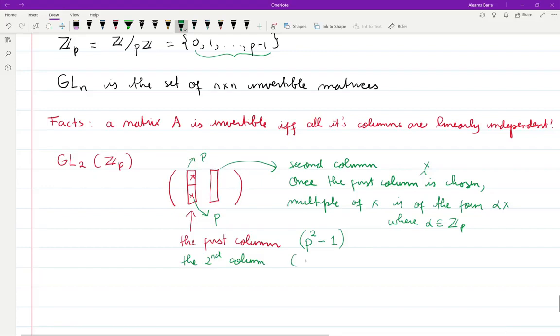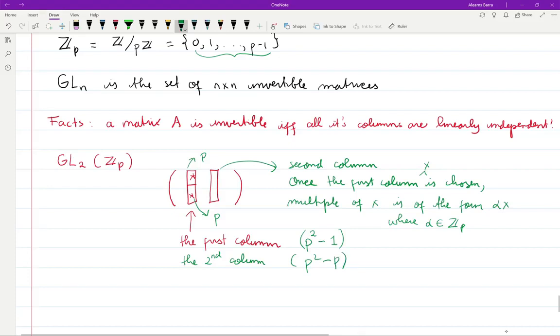First, we can choose any vector columns in p squared ways, but then we need to avoid all multiples of the first column, and there are exactly p multiples of the first column, so p squared minus p.